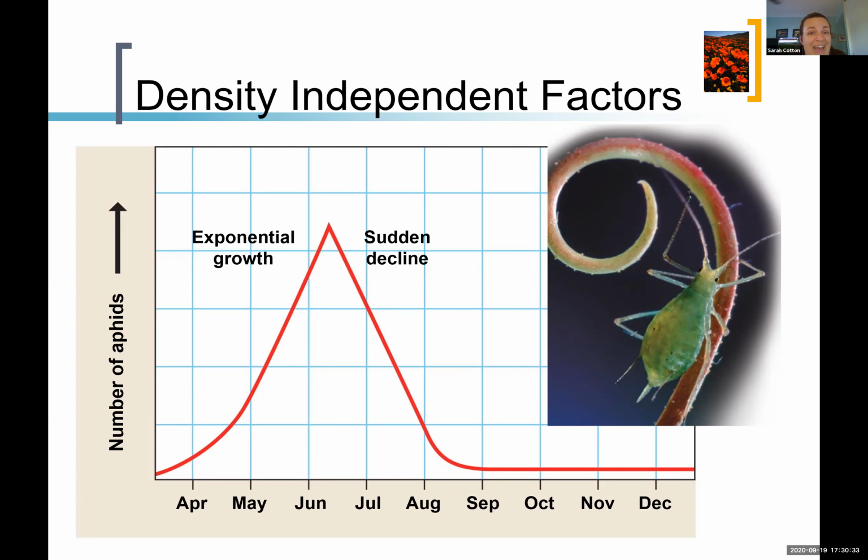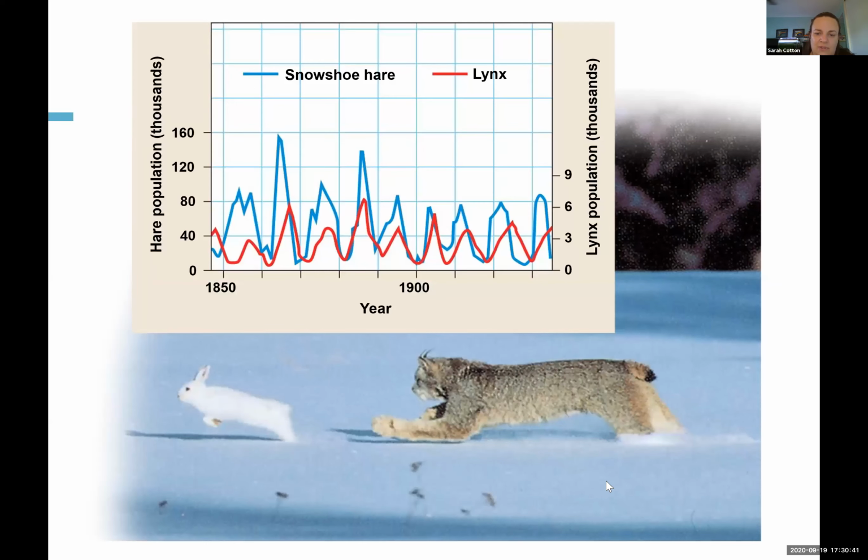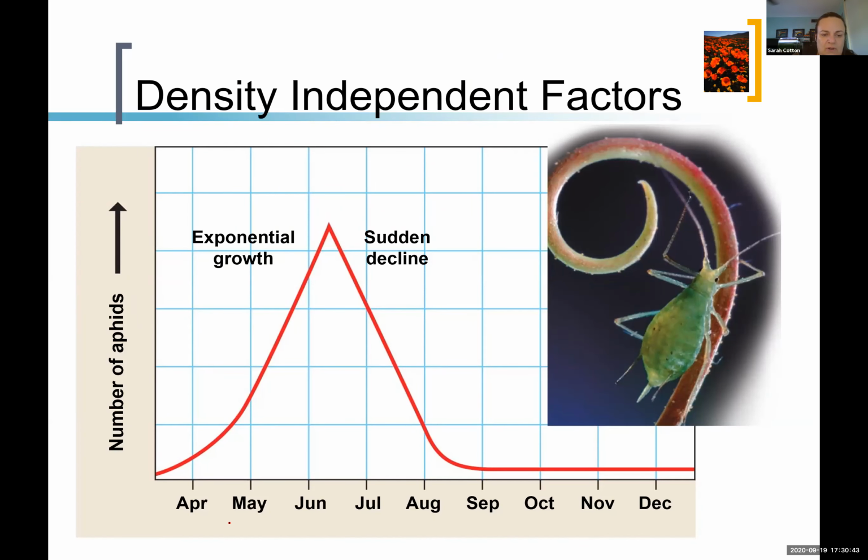Okay. Aphids have a very dependable population growth pattern. So in the spring, right, we're looking at time. When it starts warming up and the plants are really starting to get growing, a lot of the soft annual plants start to grow.